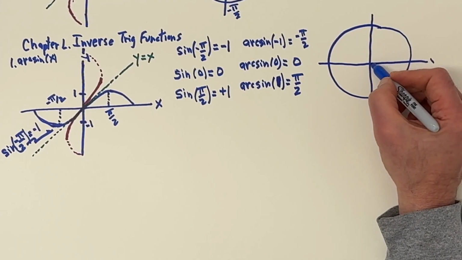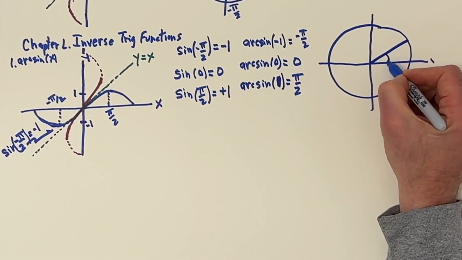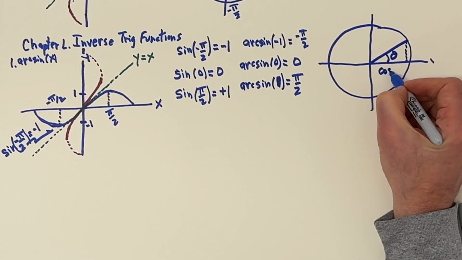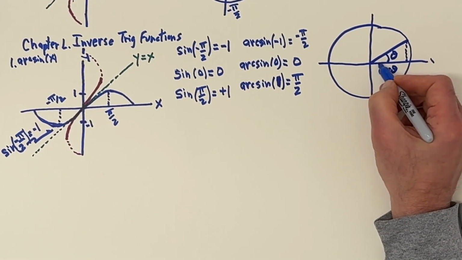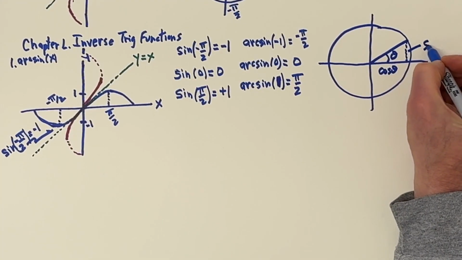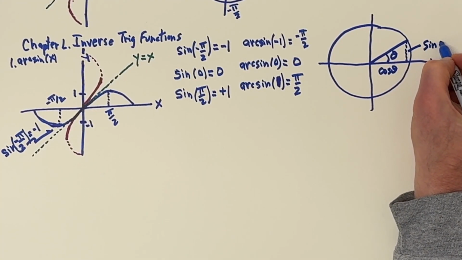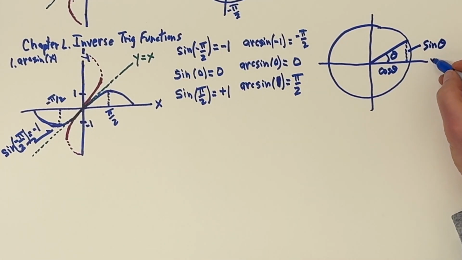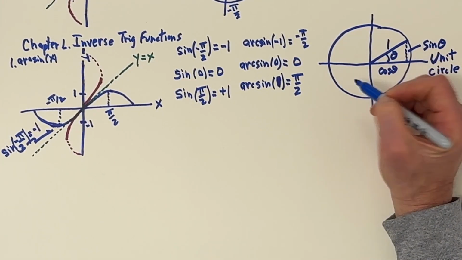So let's just take, for example, an angle theta here. Then the cosine of theta would be this horizontal piece, and this rise would be the sine. Okay, so it's a unit circle. In other words, the radius is 1.